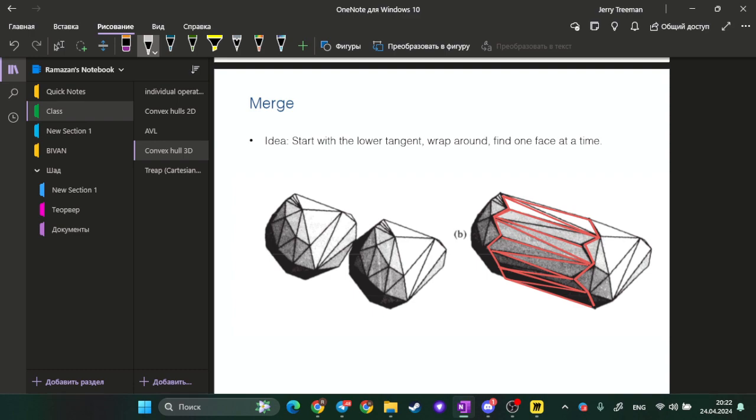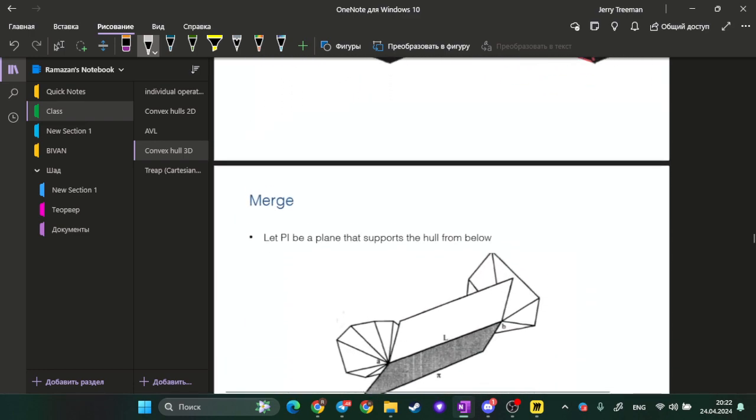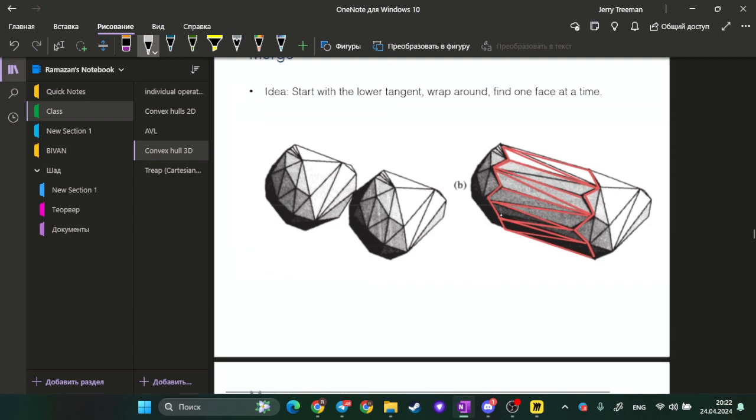Start with the lower tangents, wrap around, find one face at a time. So we need to find the first face, the one that has the smallest tangent, I think.